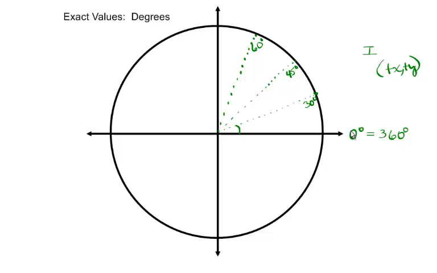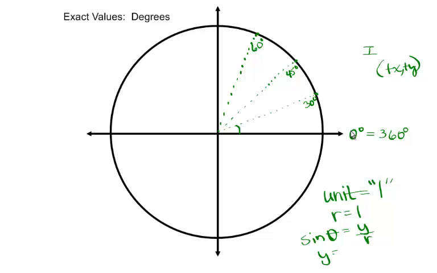We are interested in the points on the surface of the unit circle. Remember, unit means 1. We have a radius everywhere here in this circle of 1. Because of that, we understand the sine of theta is the ratio of the opposite over the hypotenuse.